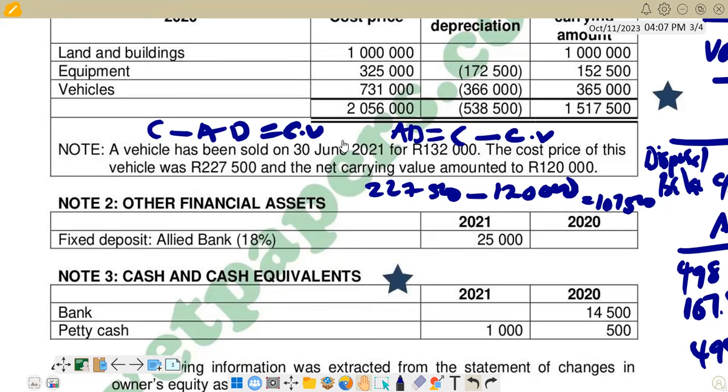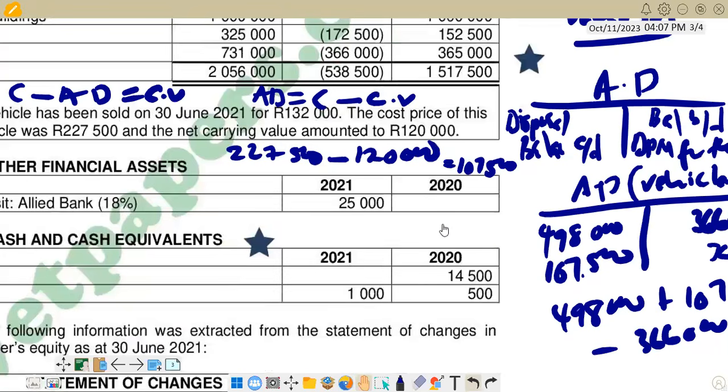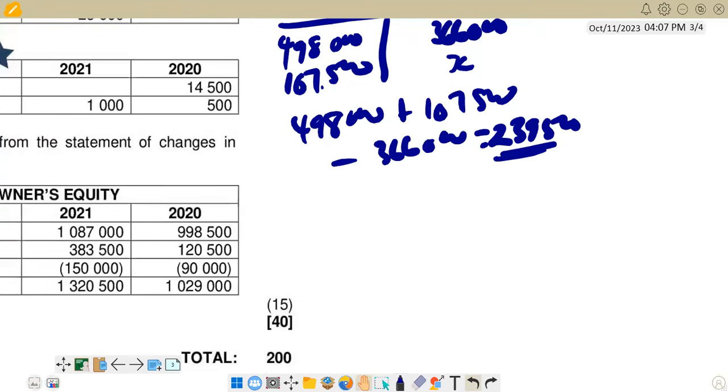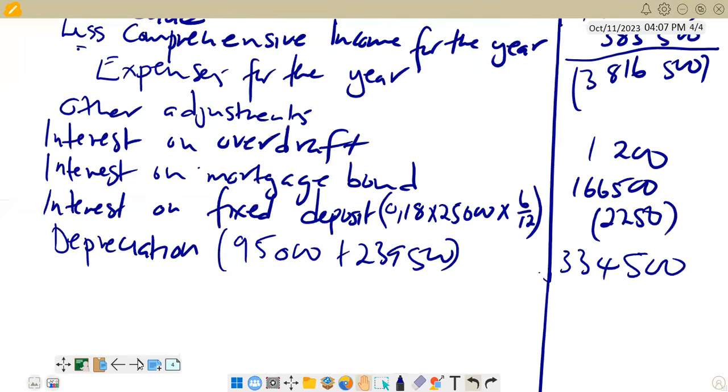So this one is going to be credited in the profit and loss, so it's income. So basically, let's summarize the working there, 227,500. You can summarize it in the answer section. So this one we said is going to be profit on disposal.